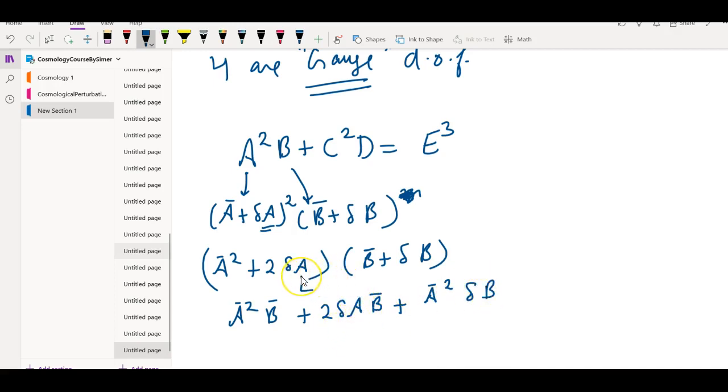Now I am ignoring the higher order terms also. So this is the expression for a square b. Similarly, you will have expressions for c square d and e cube.